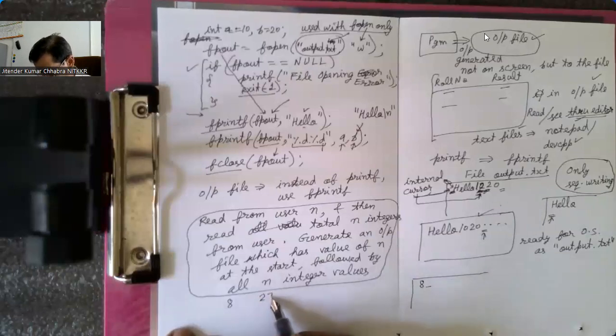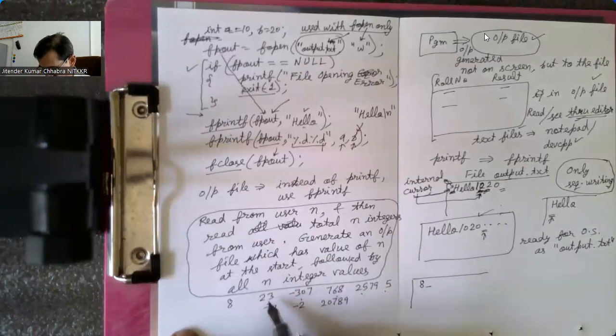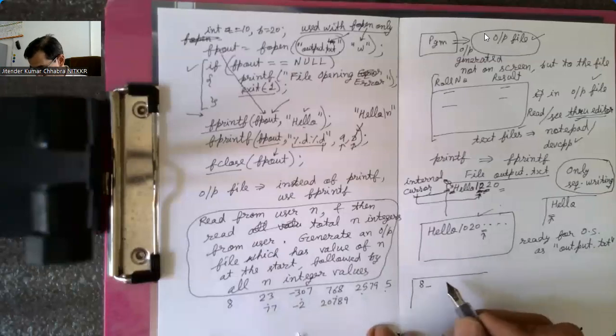For example, the values I gave are 25, minus 307, 768, 2579, 5, 1, 2, 3, 4, 5, 77, minus 2, 6, 7, and maybe 206789, 20789, 1, 2, 3, 4, 5, 6, 7, 8. So I want my output file to have contents like this.